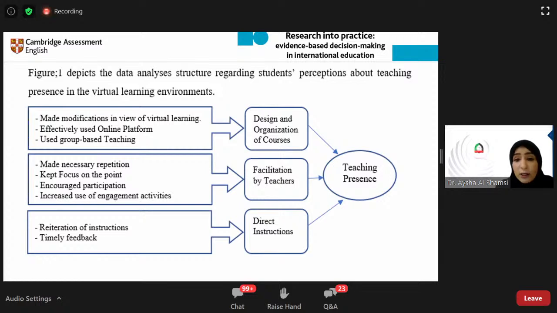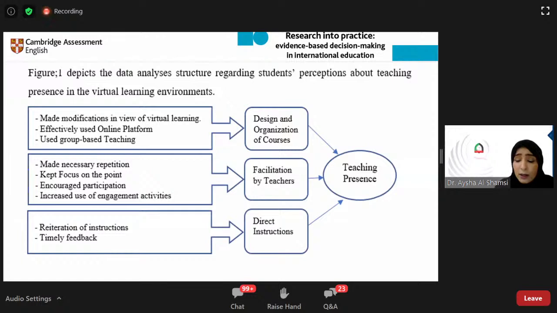Also, this all encouraged participation and increased the use of engagement activities, like a balance between talking and giving the task. The good thing they reported is about giving more chance for students to do their own learning after raising a certain dilemma question, providing certain steps for the inquiry, and getting students to work in groups.